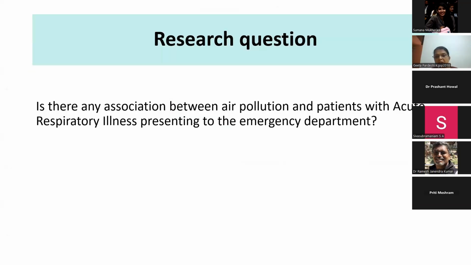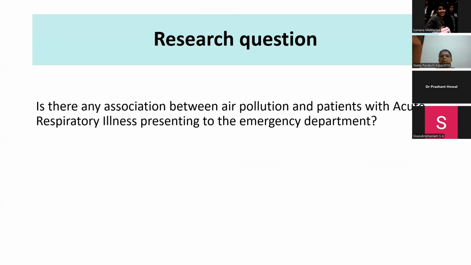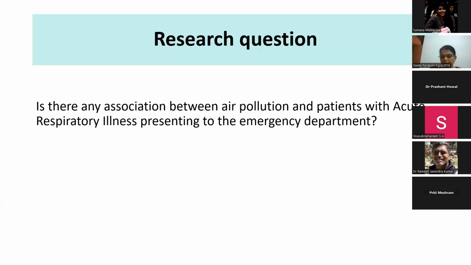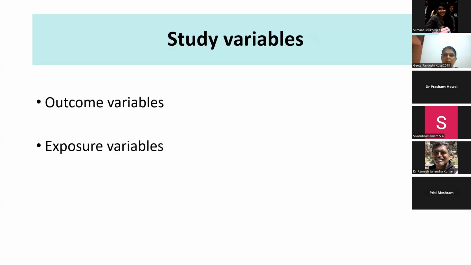So the research question was: is there any association between air pollution and patients with acute respiratory illness presenting to the emergency department? Again, what I want to show is that as we look at the data and read literature, we keep refining the research question and retuning the wordings in it.